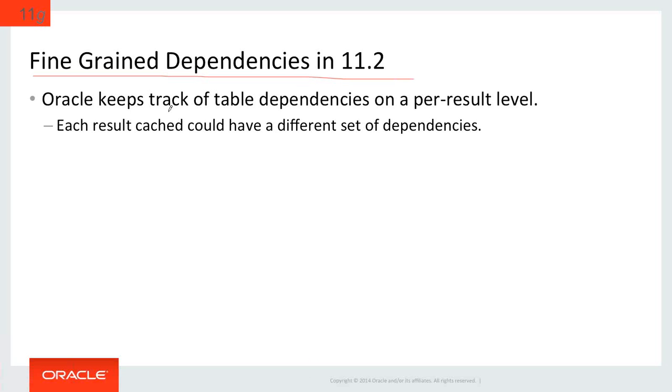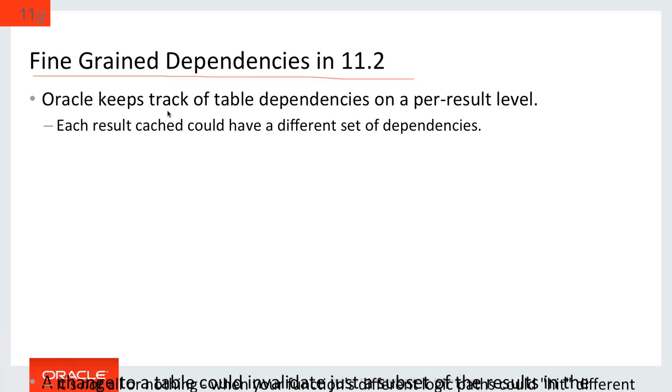What this means is that every time you call a result cache function, it not only records the new cached information if it's not already in there, but it also keeps track of the list of specific tables that were referenced for that result. For example, you might have a conditional statement that says if such and such is true, execute this select statement, otherwise execute that select statement, and the tables that it queries from vary. You might use dynamic SQL.